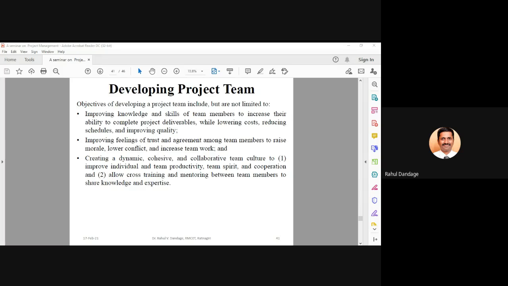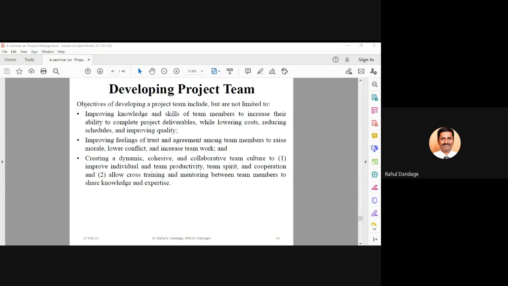Again, other benefits of this will be allowing cross training and mentoring between team members to share the knowledge and expertise. So whenever you are forming a project team, the project team members may be from different domains, and when they are working as a cohesive, dynamic, and collaborative unit, it will facilitate cross training.